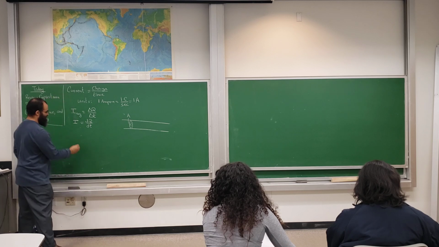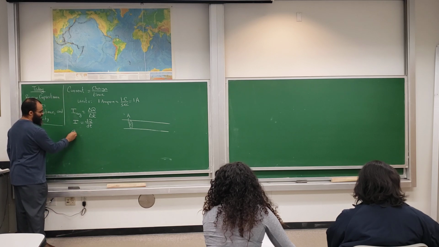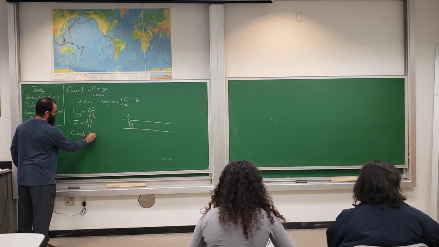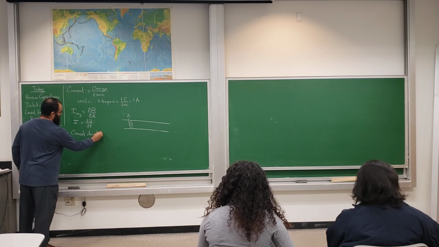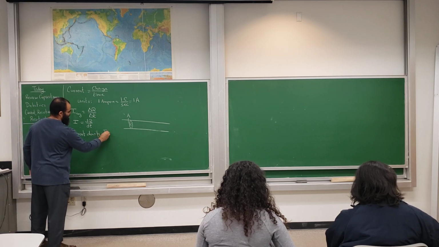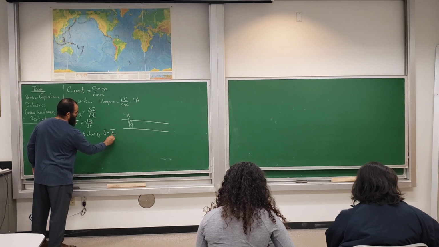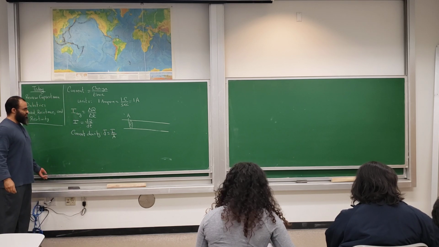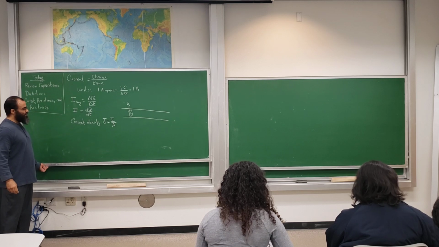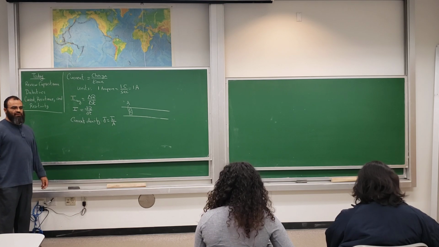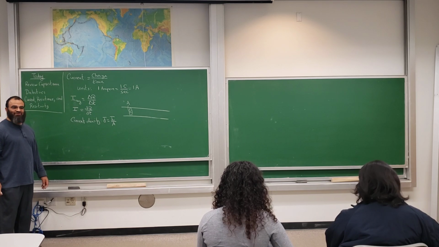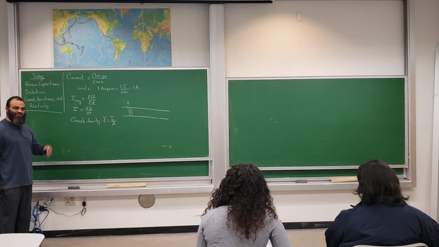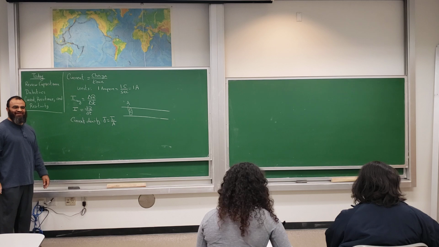In that case, we have the current density. It has the symbol J, and it's the current over area, the current per unit of area. J, not joules. See, the letters are coming back to mean different things.